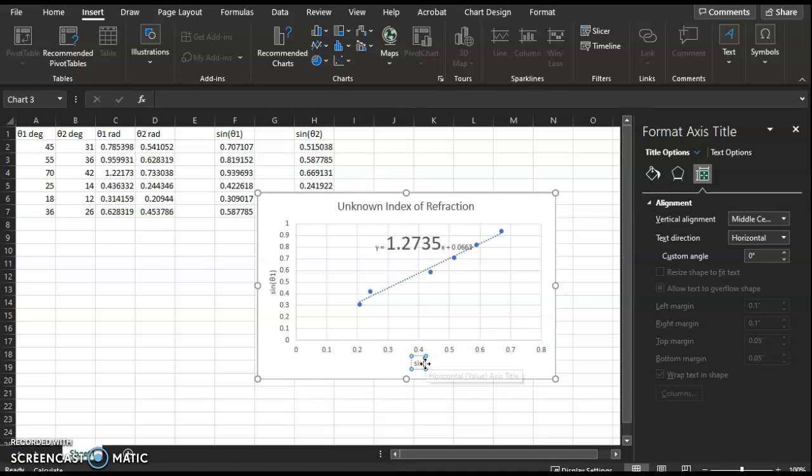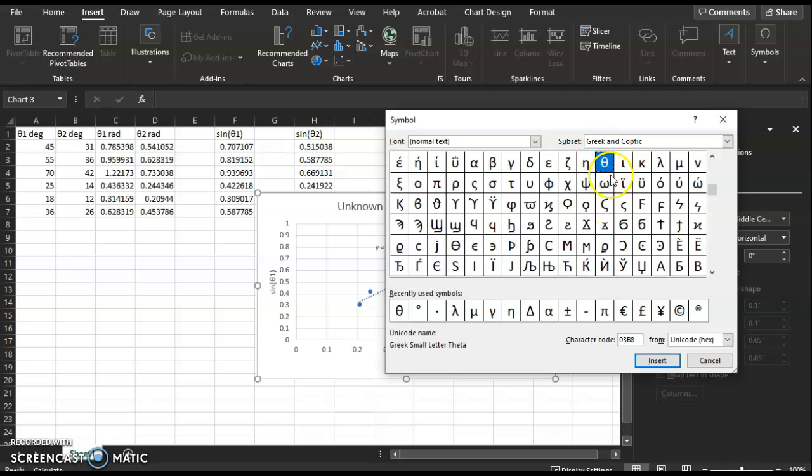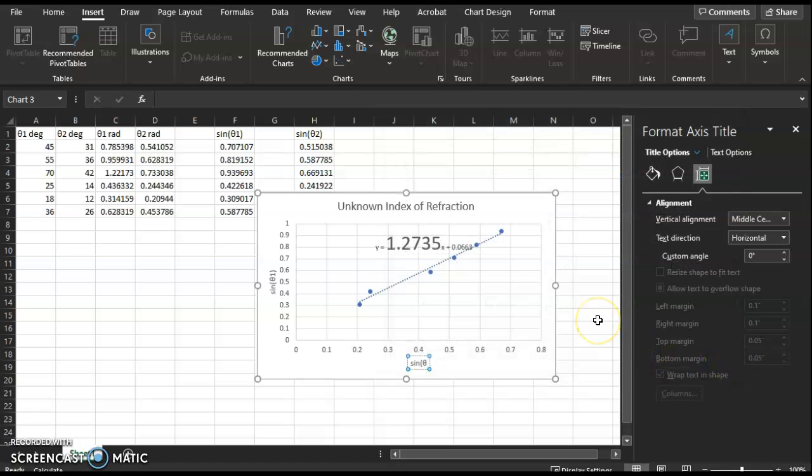This will be sine of theta 2. Oh, and I'm going to put N1 in front for the vertical axis. This will be N1 times sine theta 1. And the slope of this line gives us the index of refraction.